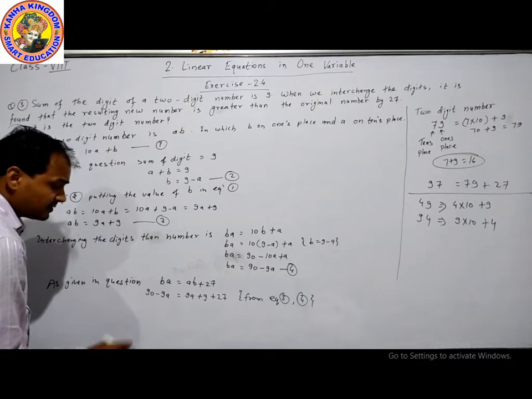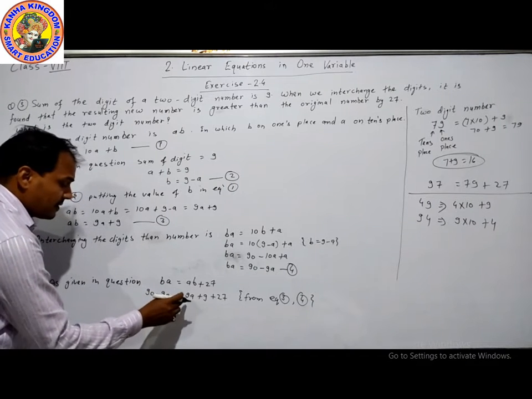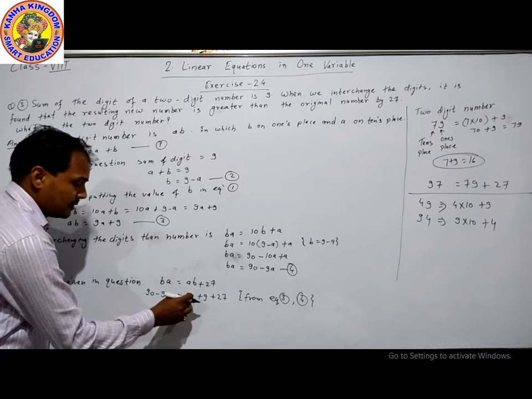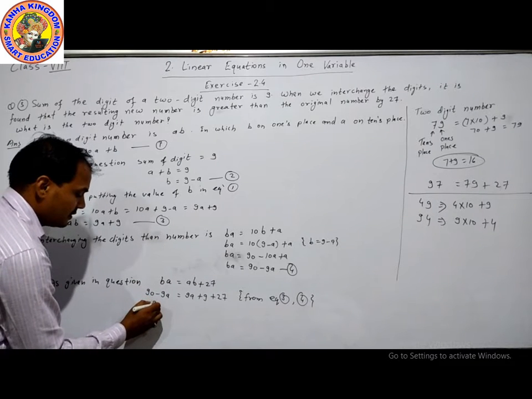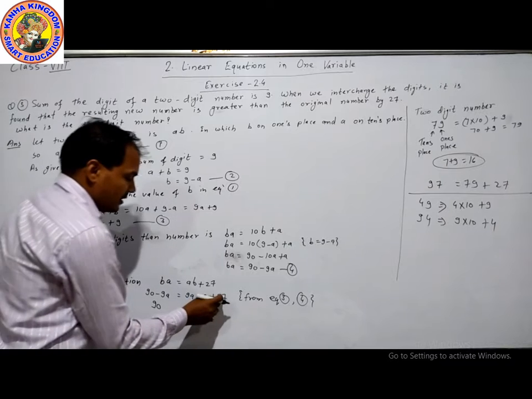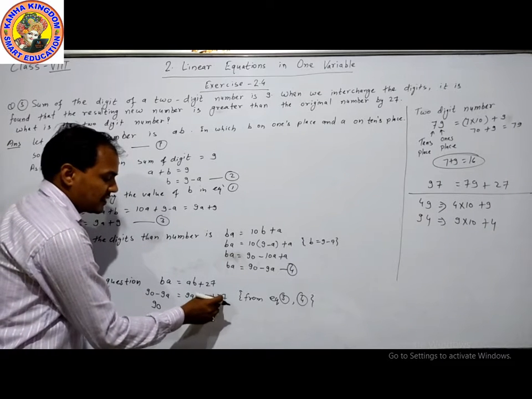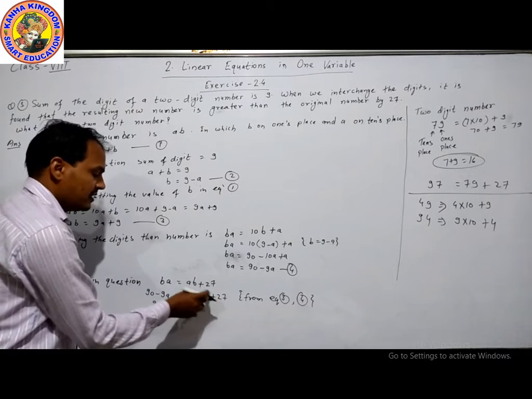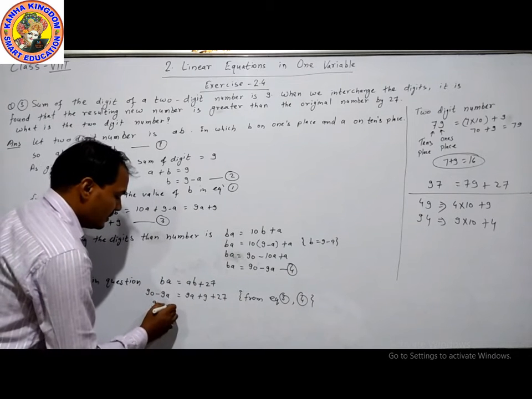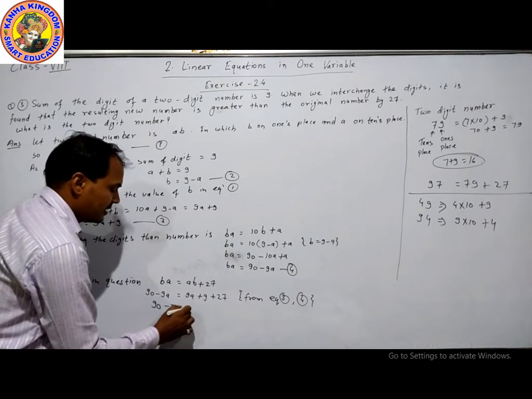Now let us transpose. 90 over, 9 plus 27 is 36. When transposing, this is positive so it becomes negative, minus 36.